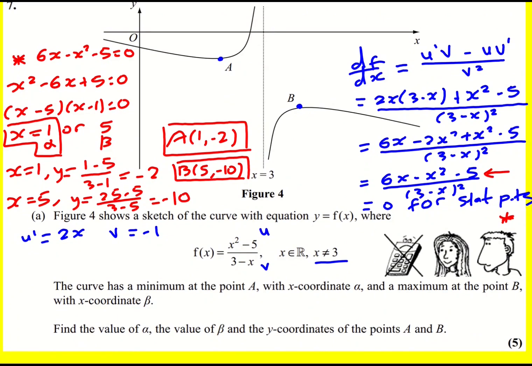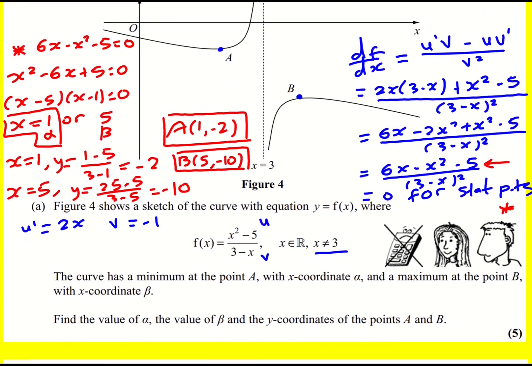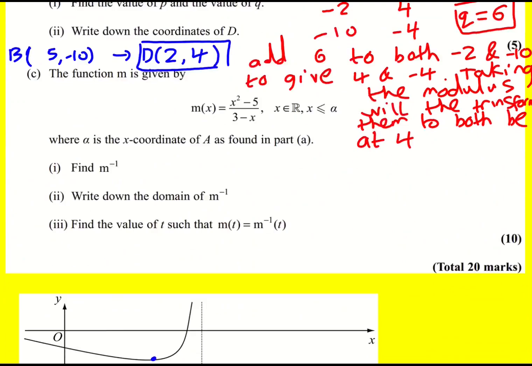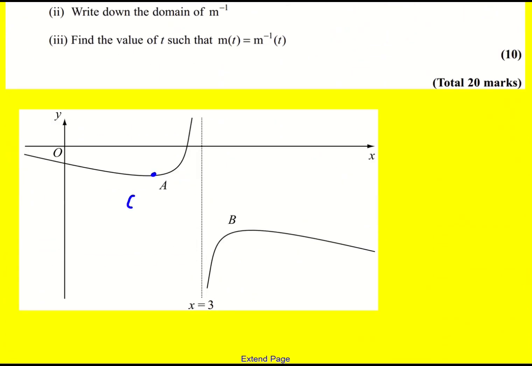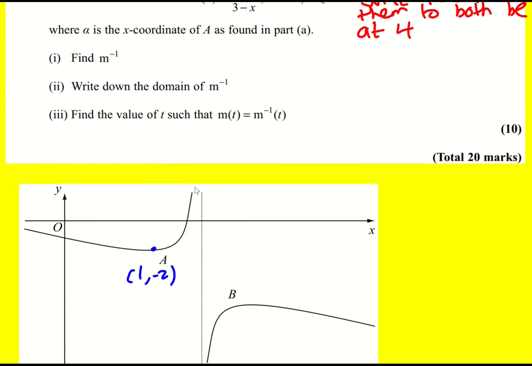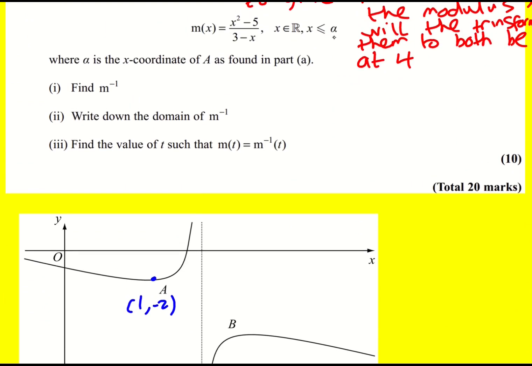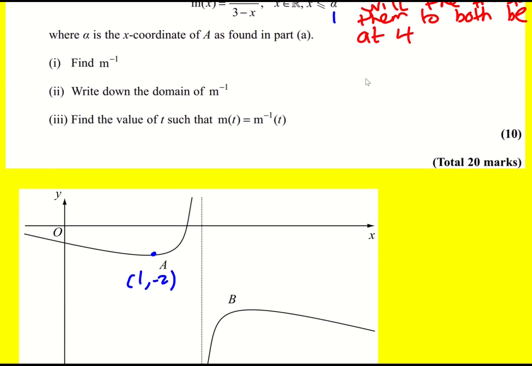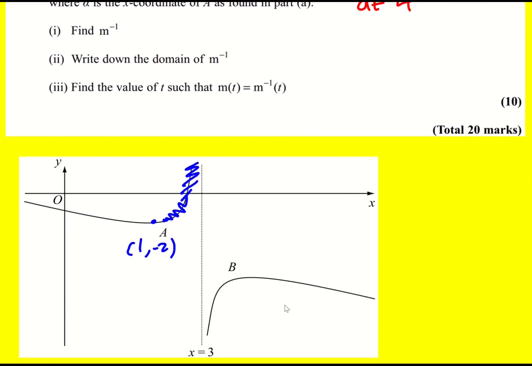It was 1. So x is going to be less than or equal to 1, and it was 1, minus 2. So x is less than or equal to this value, so we can basically get rid of all this part of the function.